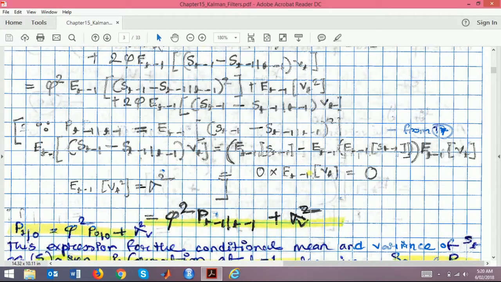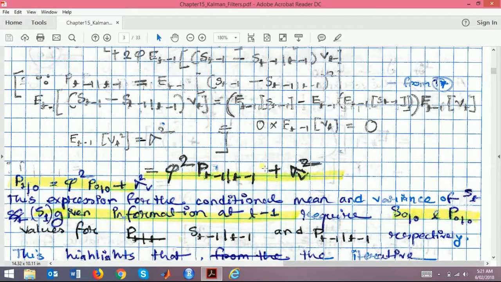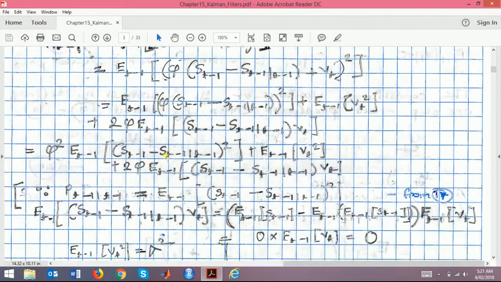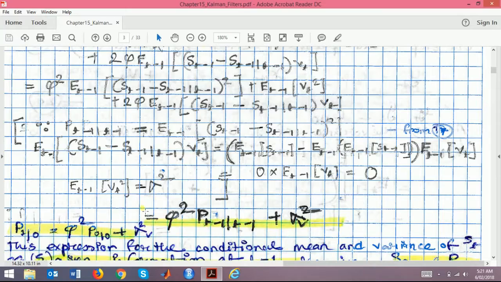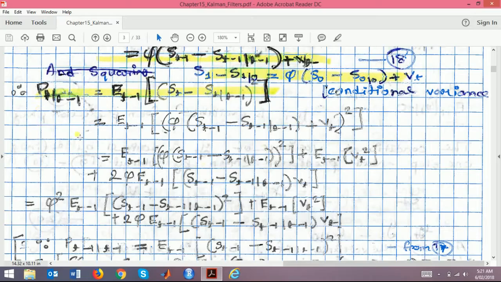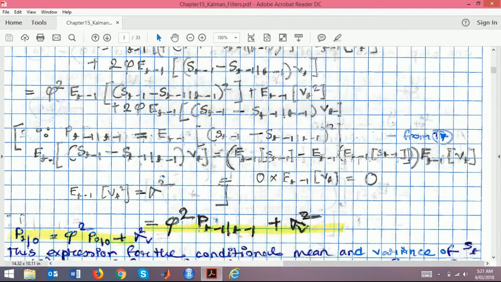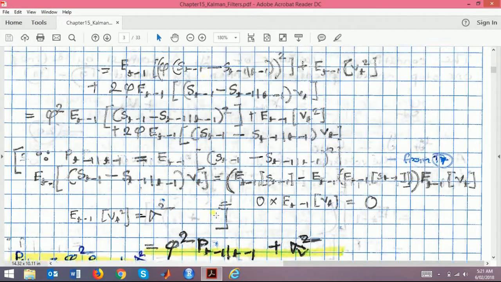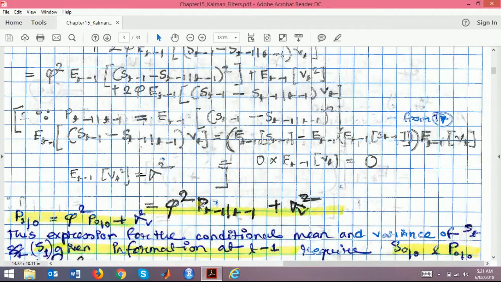The cross term expectation is completely 0, and the conditional variance of the disturbance is sigma squared v. We are left with P1|0 equals phi square P0|0 plus sigma square v, the disturbance term. This is what we are trying to prove.